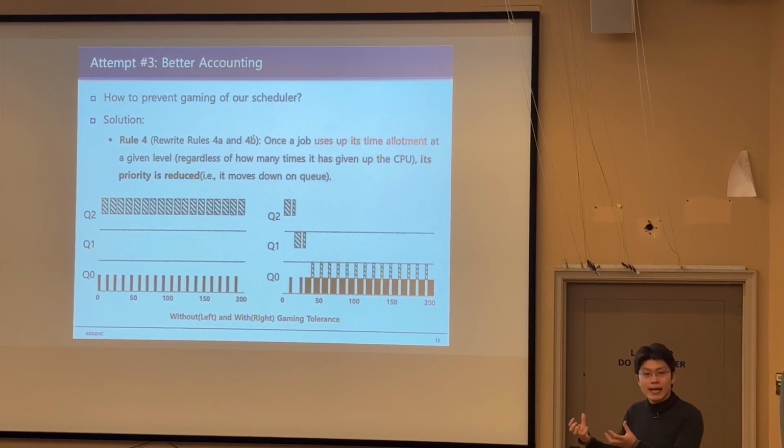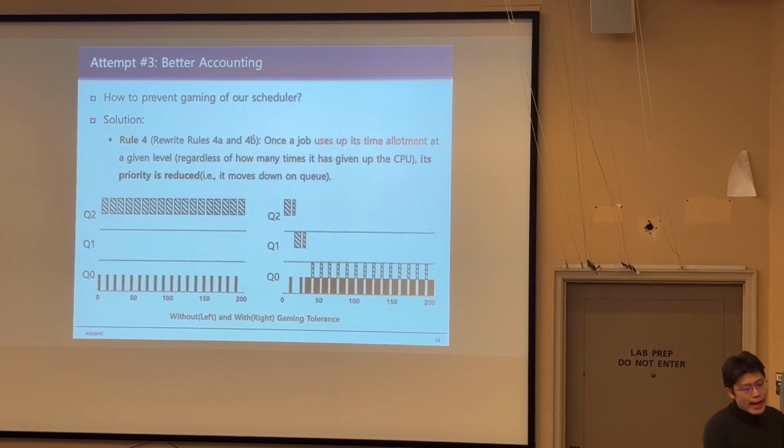Its remaining time slice is 100 milliseconds. Next time it's scheduled back, it will keep using its remaining time slice. When it finishes using its allocated time slice at this level, at this 200 milliseconds, it will get decremented to the lower queue no matter what.